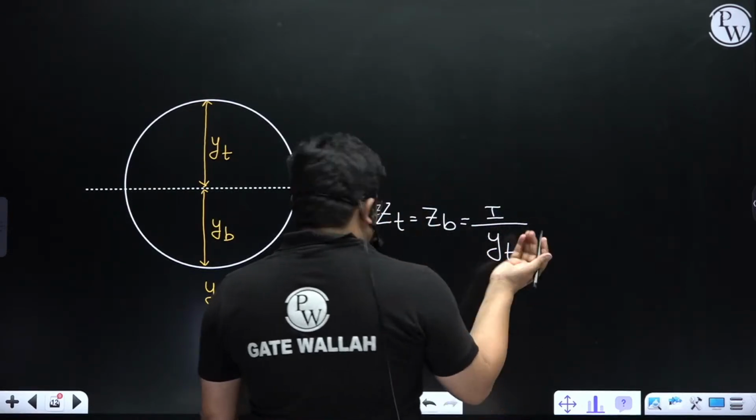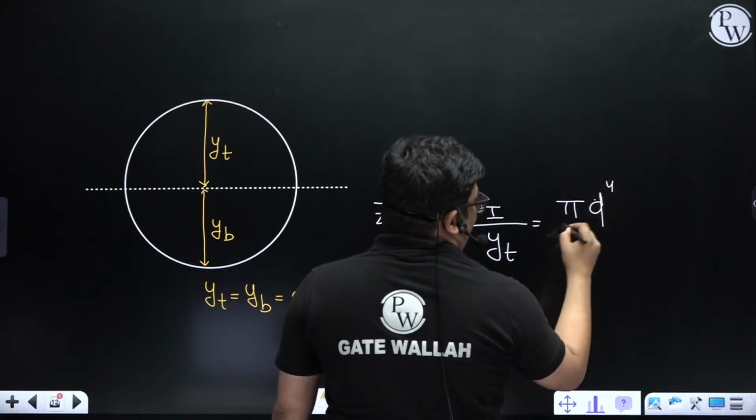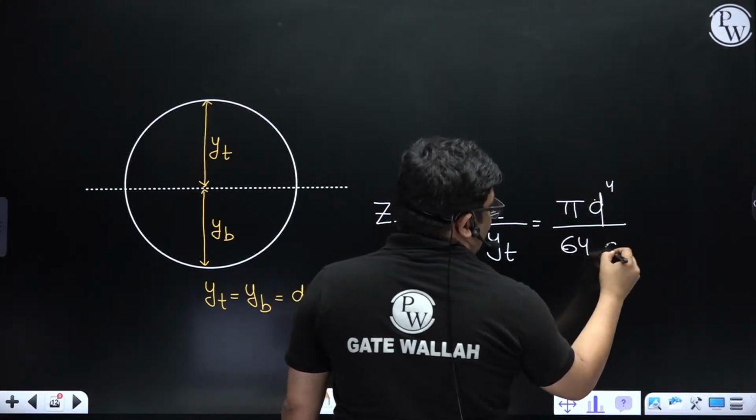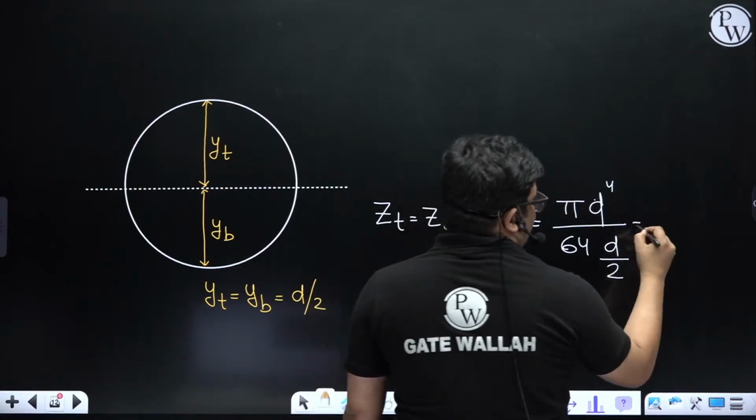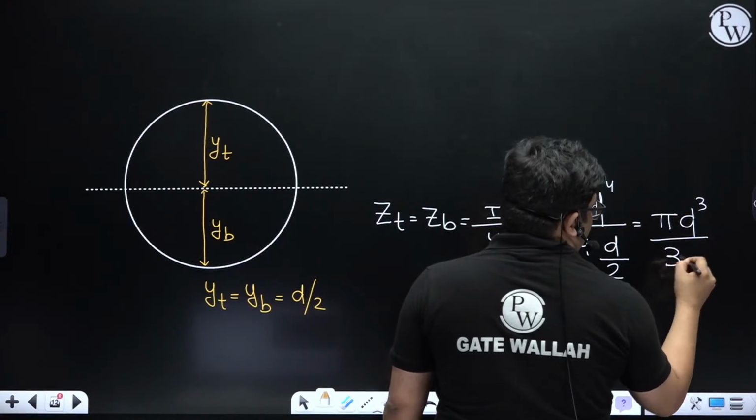This is pi d to the power 4 by 64, divided by d by 2, that is pi d cube by 32.